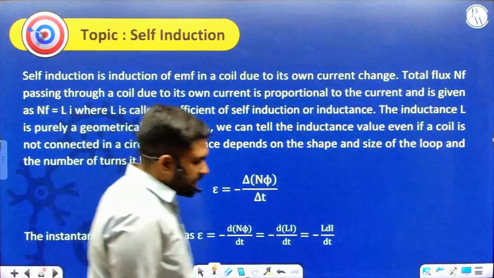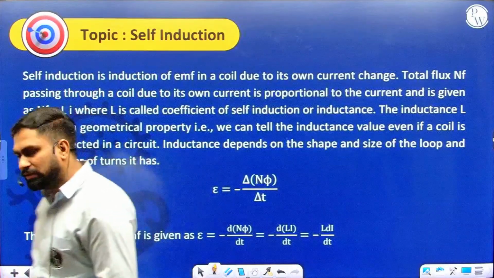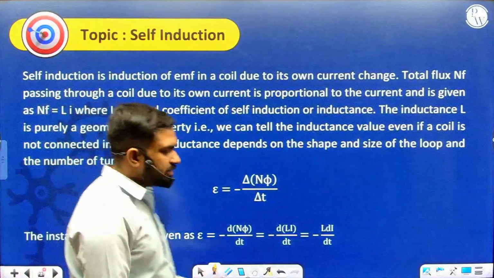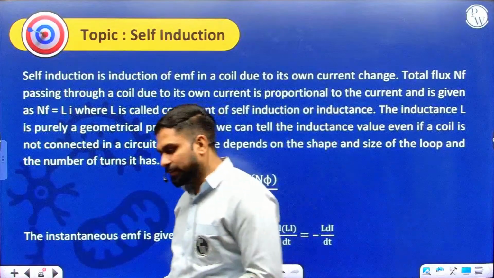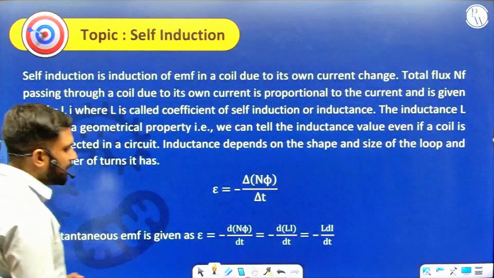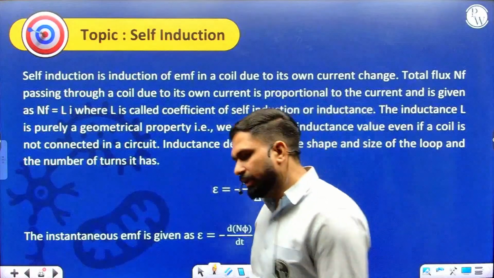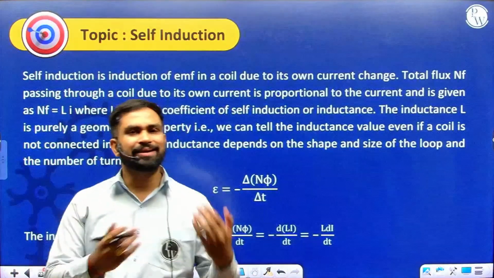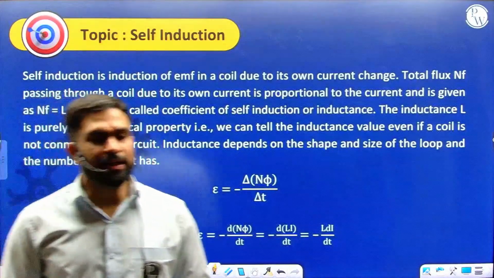Alright. Moving on to the next part of this chapter, we have discussed quite a good amount of problems and important concepts of EMI, extensively. Let's proceed to the next part. Self-induction. What is self-induction? We know that there is a coil, like a solenoid, and if I pass current through the solenoid, magnetic field will be produced through the solenoid. Mu naught N i, if you remember, correct or not?